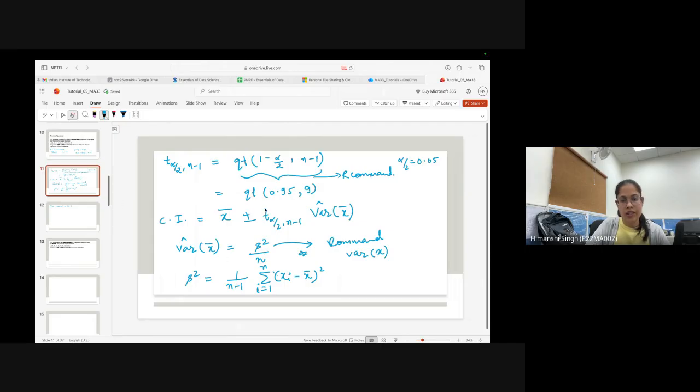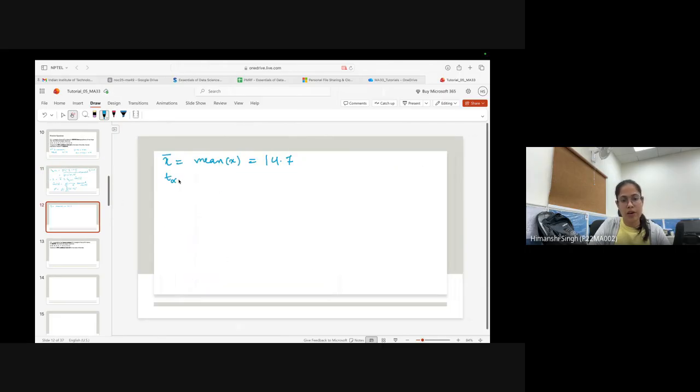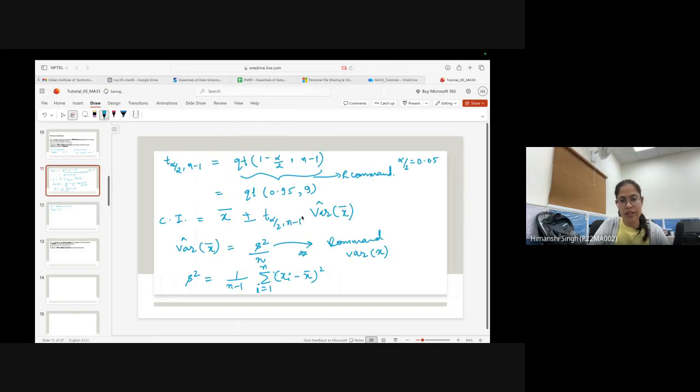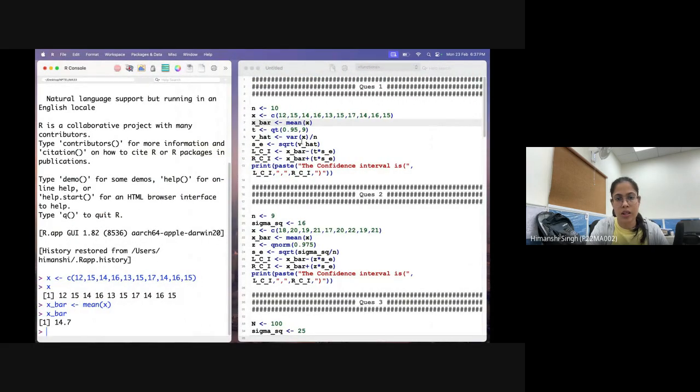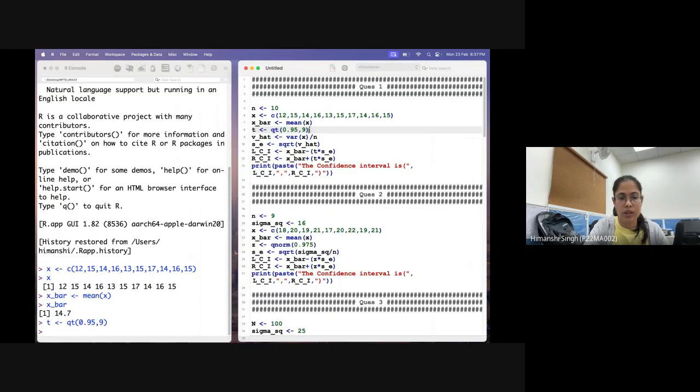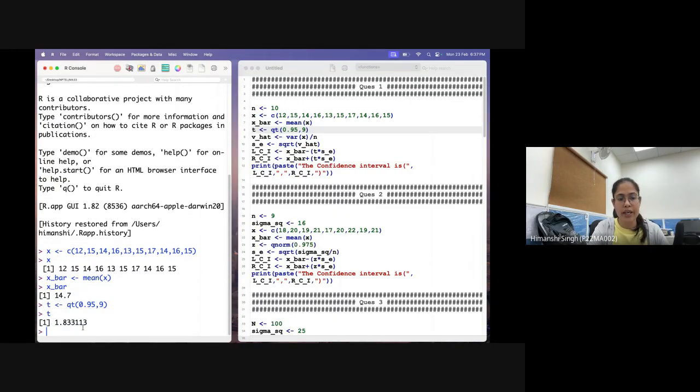Now, what is the next quantity? T alpha by 2, n minus 1. I can calculate it by using the command qt 0.95 comma 9. So what is the answer for it? Here it is qt 0.95 comma 9, and I can see this is 1.833.